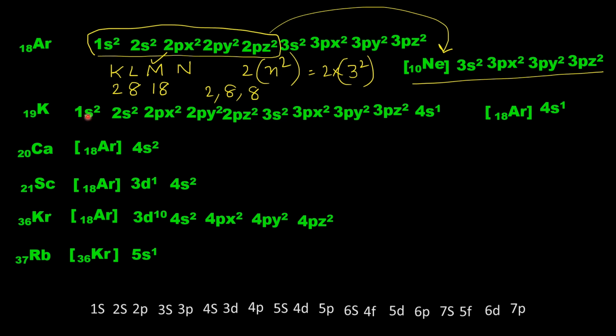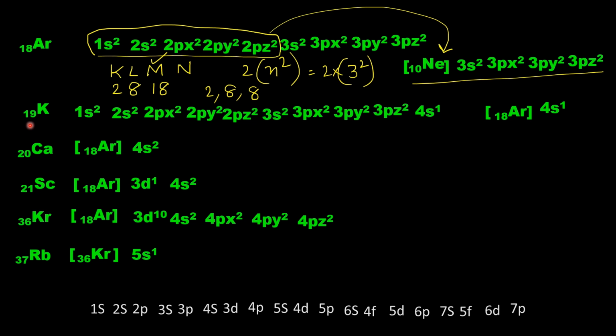Say for example, atomic number of potassium is 19. It has one electron more than that of argon. It belongs to fourth period. As per aufbau principle, the next higher energy level is 4s. 3d orbital can get filled up only after filling 4s. So the additional electron in potassium fills up 4s.